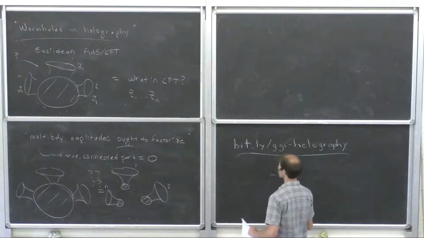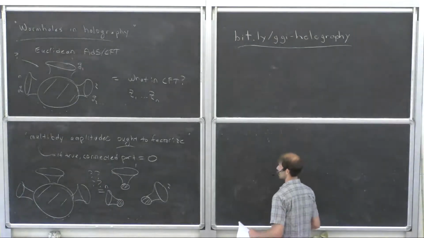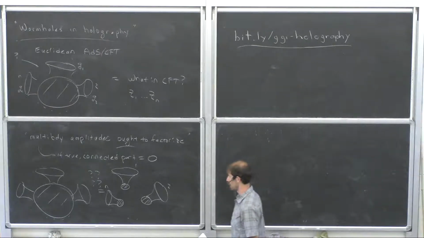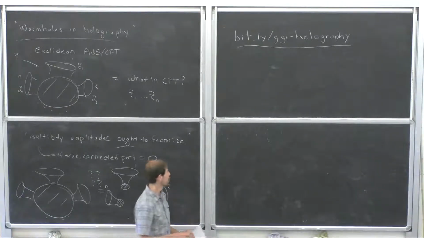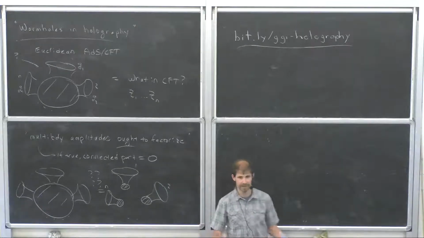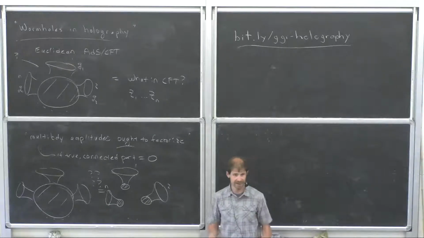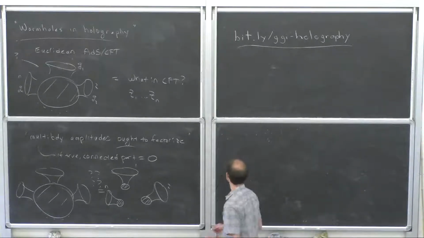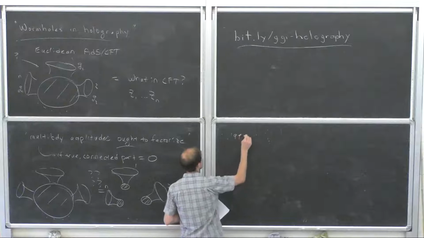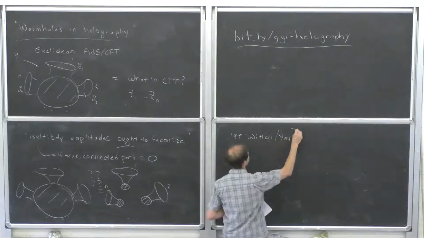Now, the first place where I saw this discussed in the literature as a problem in AdS/CFT, as something to be very confused about, goes back to before I was even a PhD student. The first place that I know of was in '99 in a paper of Witten and Yau.